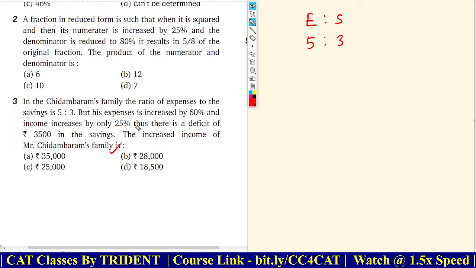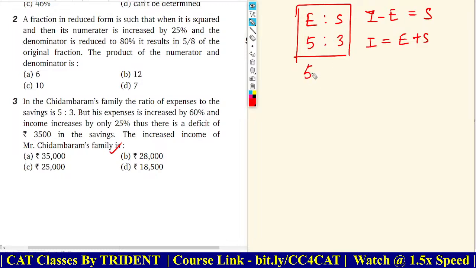Now, I will actually be expecting you to know something: income minus expenditure equals saving. That is the definition of this entire thing, right? We can also write it like income is equal to expenditure plus saving. If you add expenditure and saving, you will get the income, right? Now, in the question, we are given that the ratio of the family's expenditure to saving is 5:3.